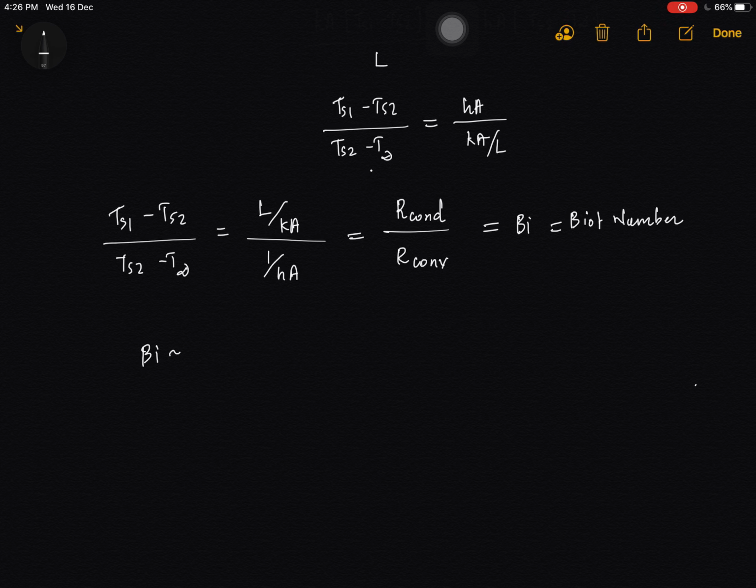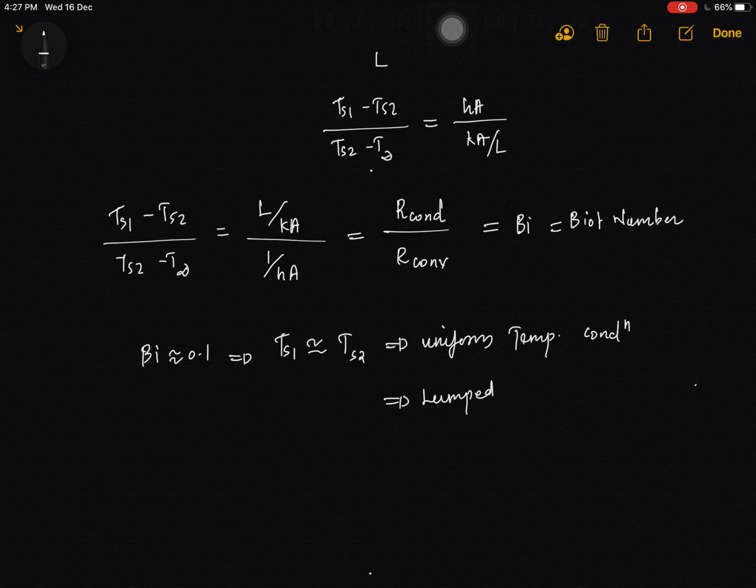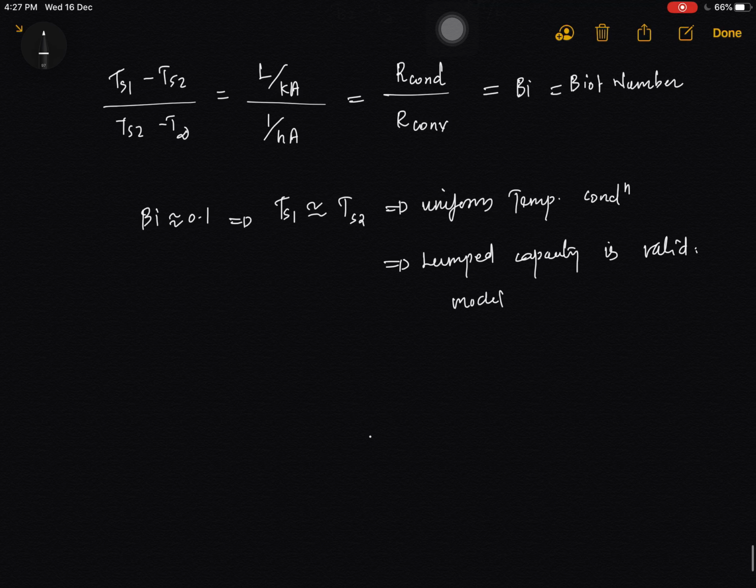If the Biot number is somewhere around 0.1, then Ts1 is approximately equal to Ts2, that is the uniform temperature condition, and this uniform temperature condition means the lumped capacity model is valid.